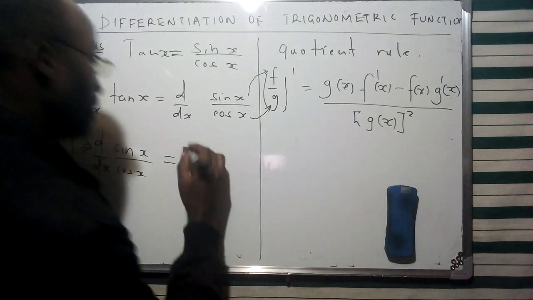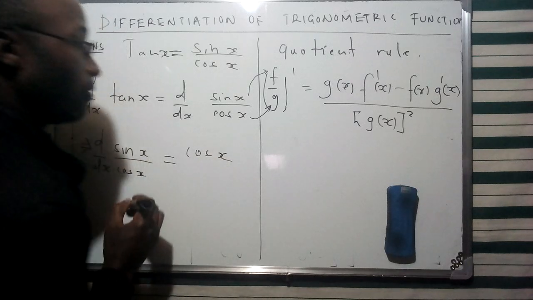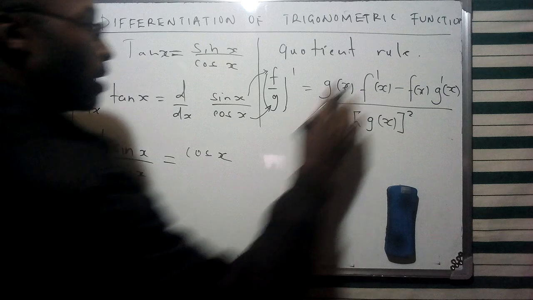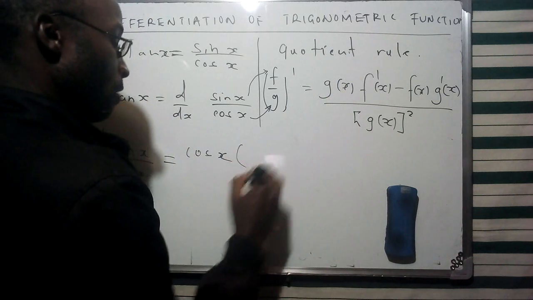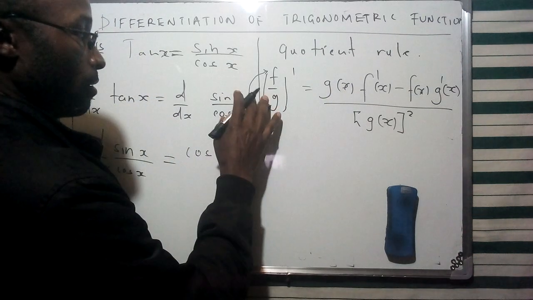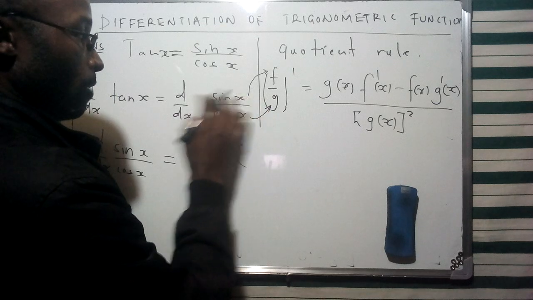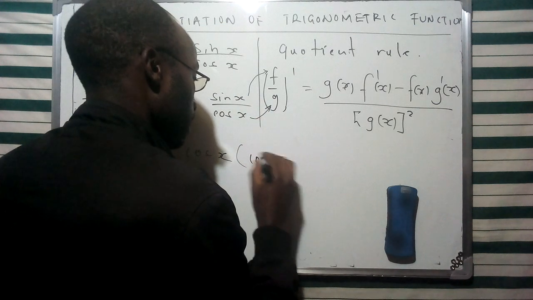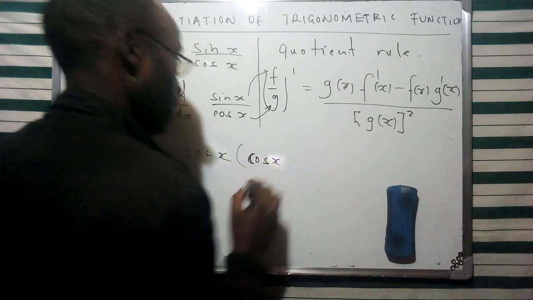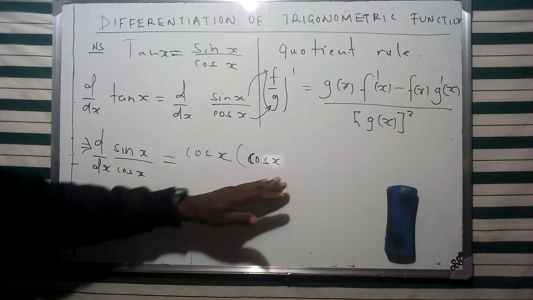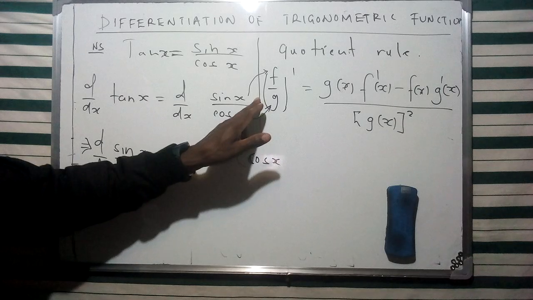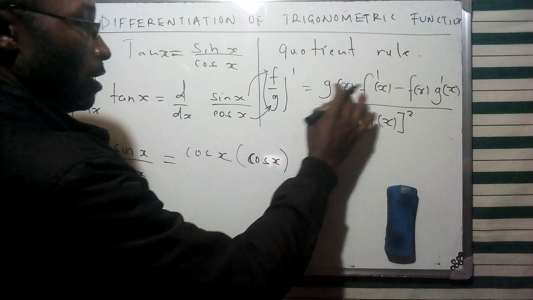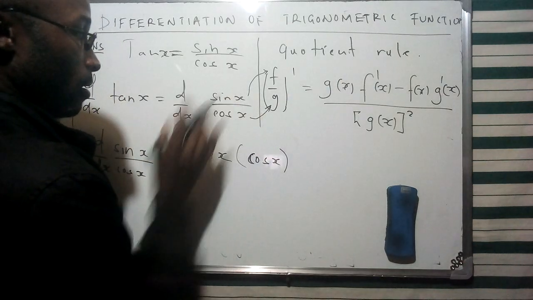So our g(x) is represented by the cosine of x, and then we are going to multiply this with the first derivative of f(x). Our f(x) in this particular case is the sine of x. Now the first derivative of the sine of x is the cosine of x, implying that d/dx of the sine of x is the cosine of x, and that is going to give us g(x) and f prime of x.